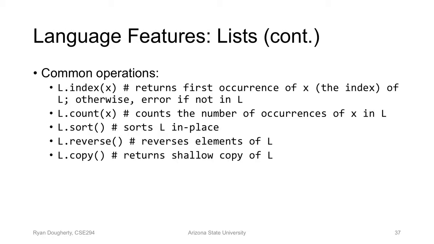We did reverse. L.copy returns a shallow copy of the list. So what is a shallow copy, versus, say, a deep copy? It's kind of like permanence. So how does, say, a string work in Java?